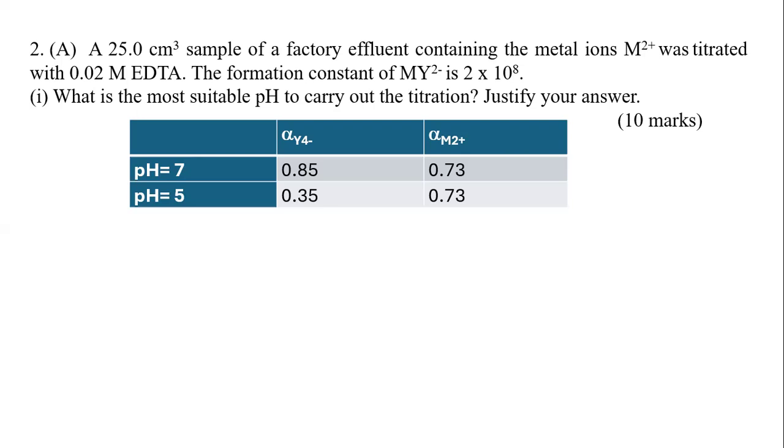Okay, right. Let's start the EDTA titration. I hope you have done this. What is this question? A 25 ml sample containing the metal ion Mn2+ was titrated with EDTA, and the formation constant KMY, where Y is EDTA, is given.